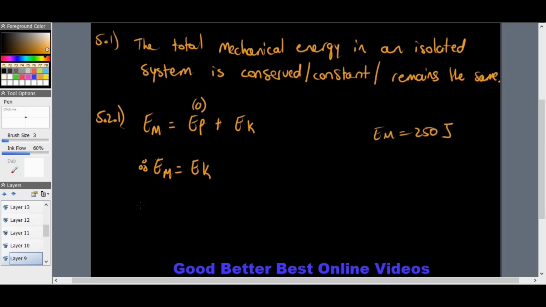So let's substitute: 250 is equal to EK. Therefore, the object's kinetic energy at point B is equal to 250 joules. And there's your answer. It's 2 marks, so you only have to write down this part. But there's your answer.